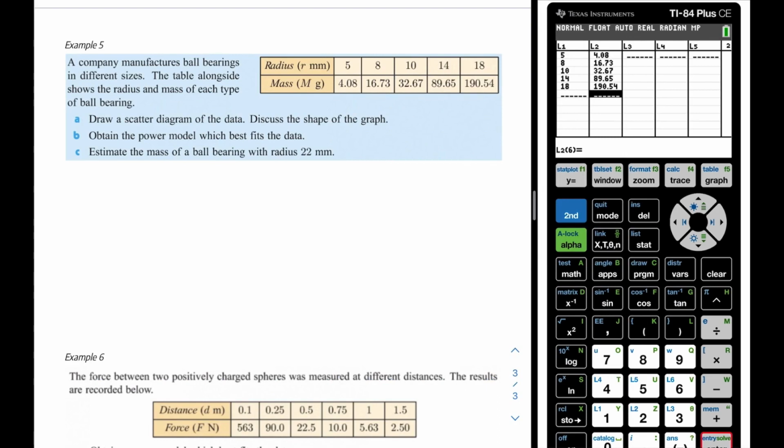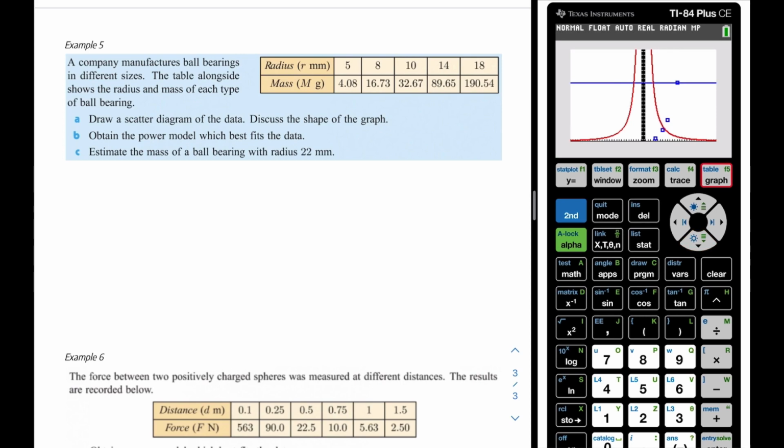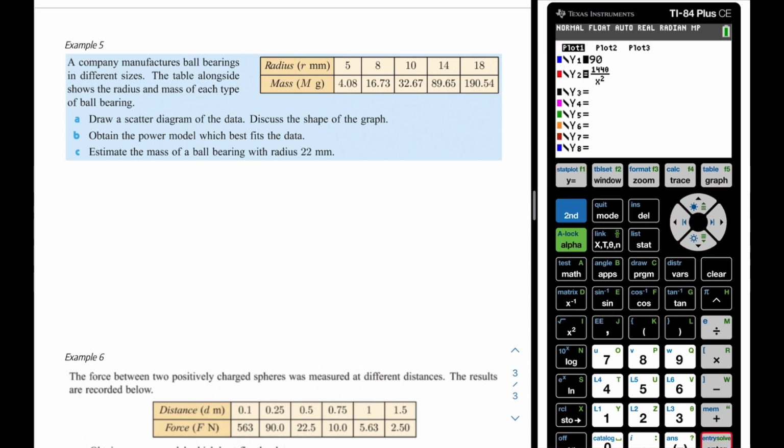So I can go on to my stats plot, second function stats plot, and I'm going to turn on my stats plot, which has scatter plot as the type, list 1, list 2, and I'm fine with the marker and the color. I'm going to go on to my graph. Oh, true, I still had some functions here, so I can remove the function that I had. And I have my points here.